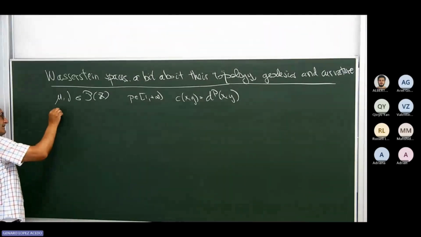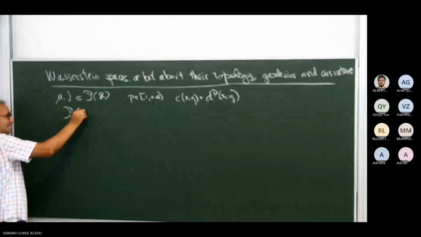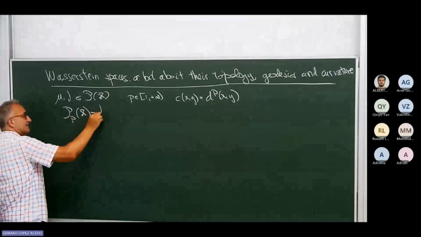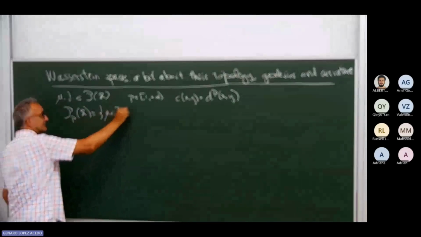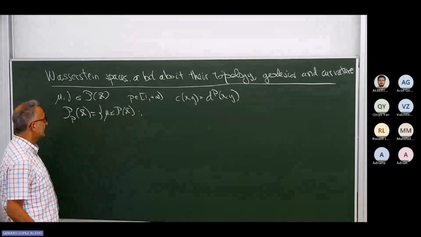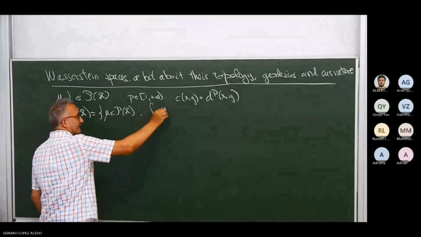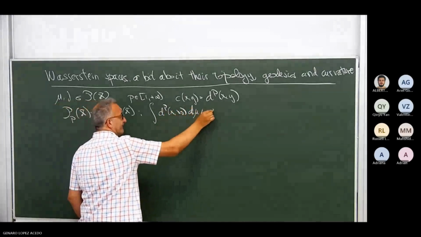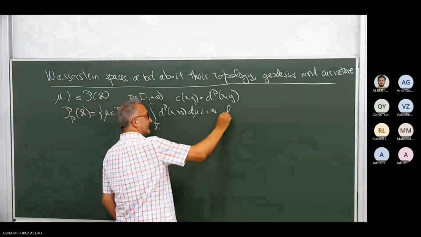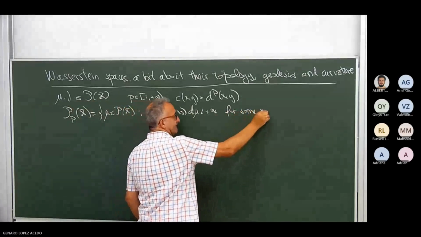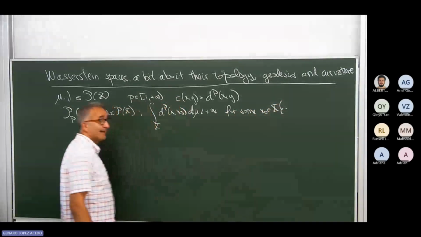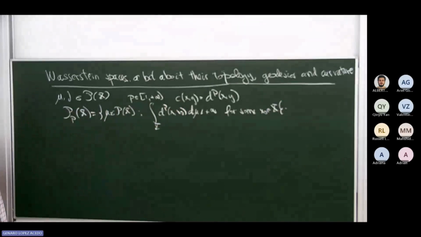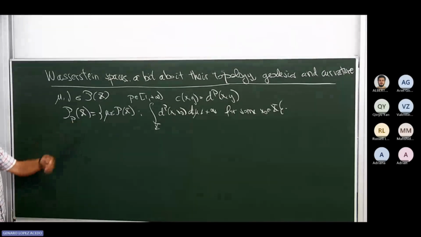And what we defined P_p is going to be the set of all the probabilities on X in such a way that, that is the space we are interested in: this set of Borel probabilities with finite p moments.